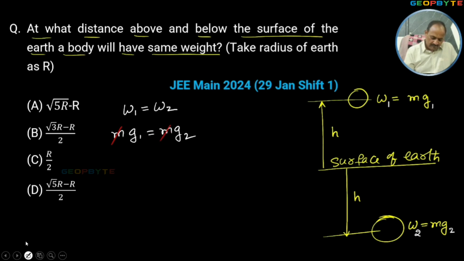At what depth and height is g1 equal to g2? g1 is the acceleration due to gravity at a height h above the surface of the earth, whereas g2 is the acceleration due to gravity at a depth h from the surface of the earth. Okay, for that let's take another slide.